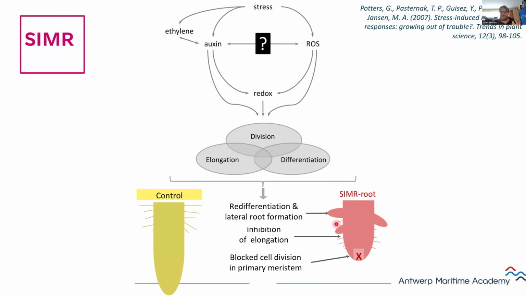So the cells are not just damaged beyond the possibility to ever divide again. No. They start dividing just in a different place. You change the general morphogenesis of the plant. And that's why we said, no, this is a very different response. Actually, the paper has been cited more than 1,000 times.